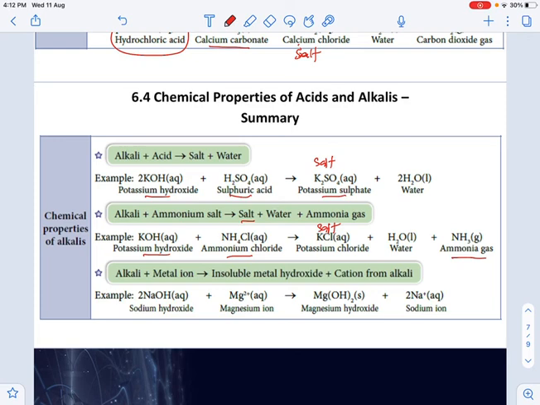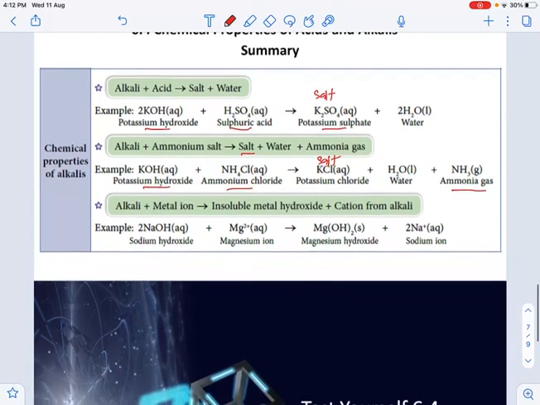Ammonia gas will turn moist red litmus paper blue. And lastly, alkali reacts with metal ion to form insoluble metal hydroxide and the cation from the alkali. The example is sodium hydroxide solution reacting with magnesium ion to form magnesium hydroxide, which is an insoluble metal hydroxide, and sodium ion.